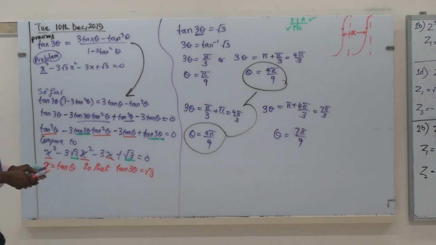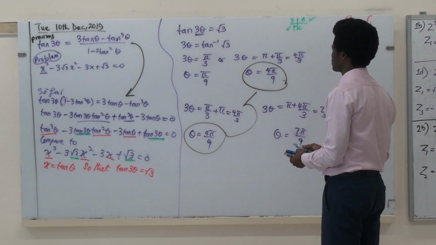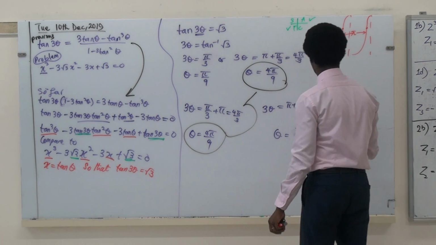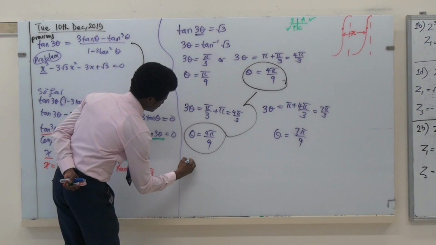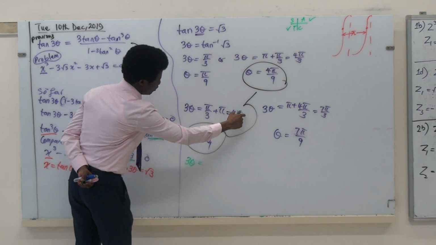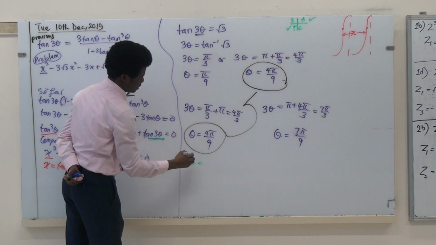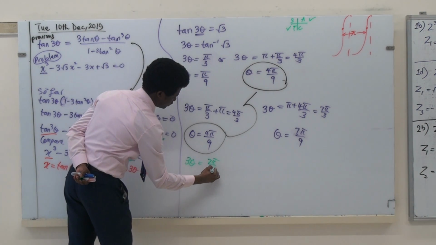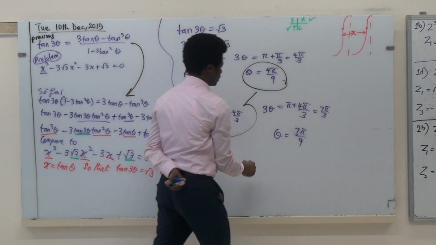Now, if you decide to add one more, we might be wondering, let's see what happens. If you had one more, you get 3 theta equal to 7 pi over 3, which still gives you 7 pi over 9. Let's add 1 more to this and see what happens.